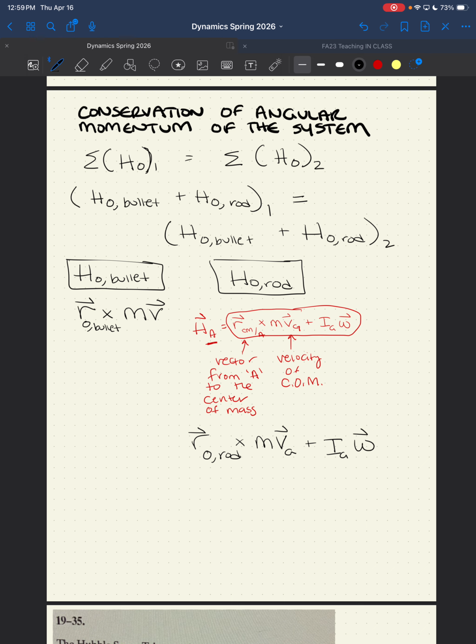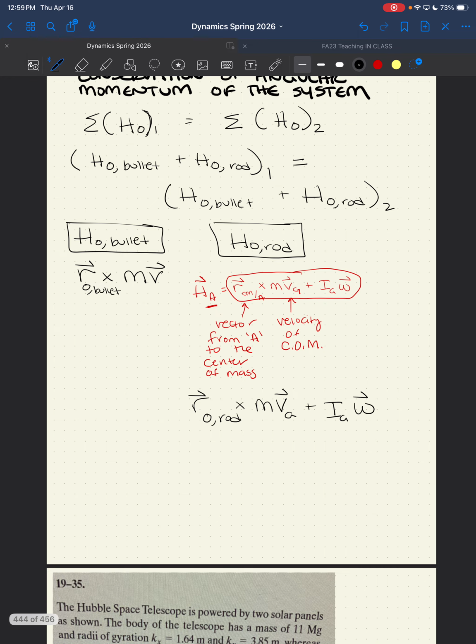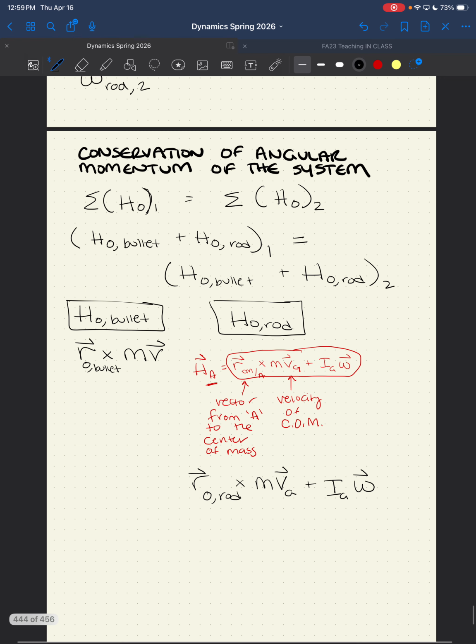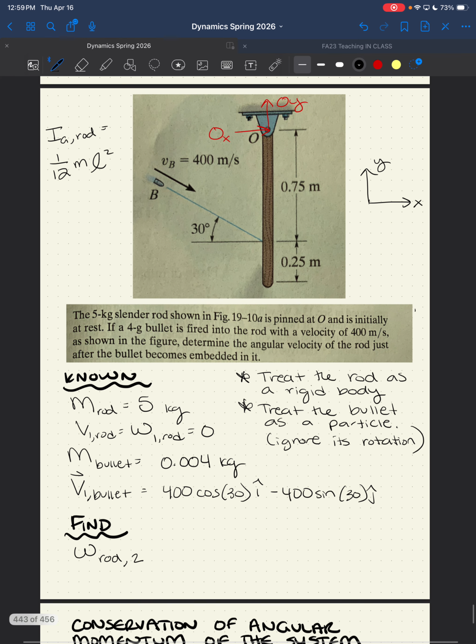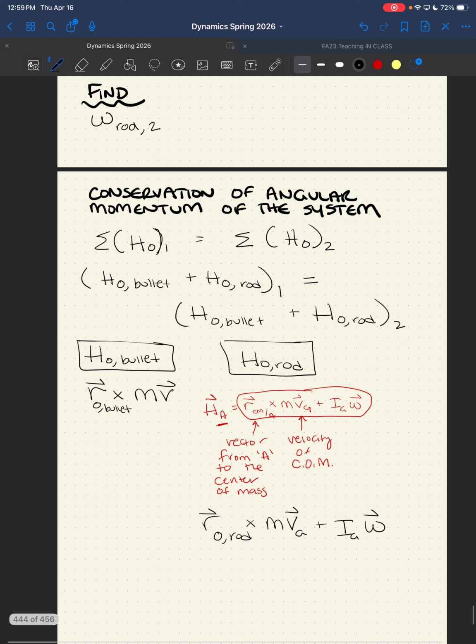Okay, that's the whole left side here. I'd like for you to think about maybe the right-hand side.